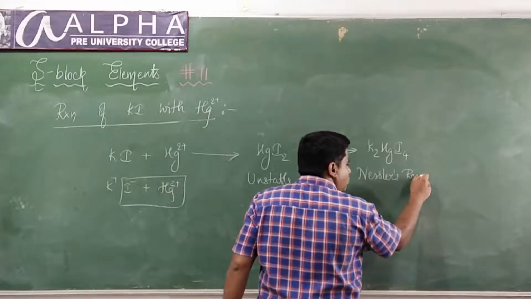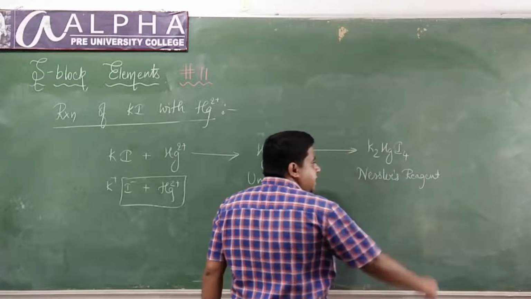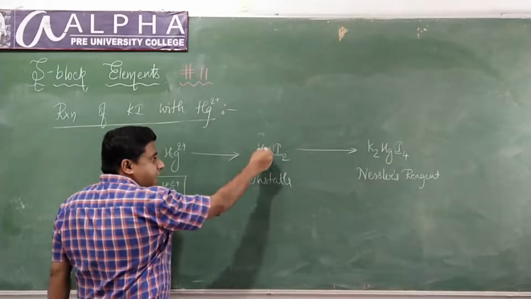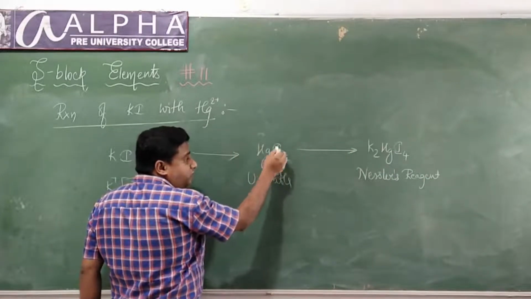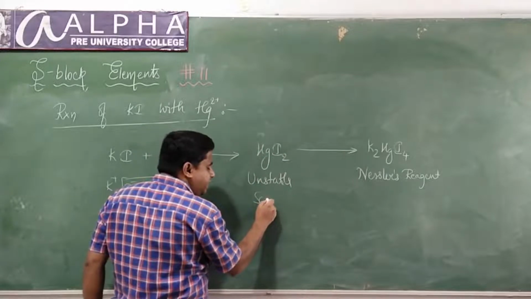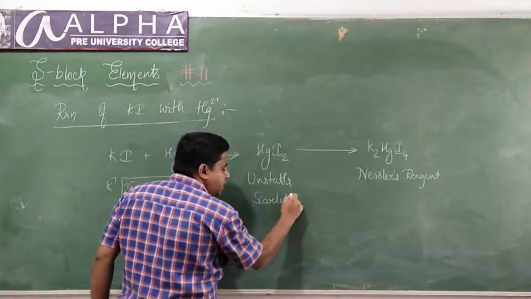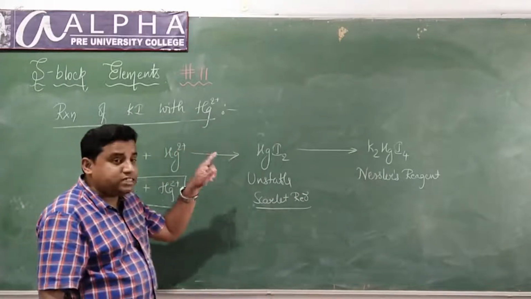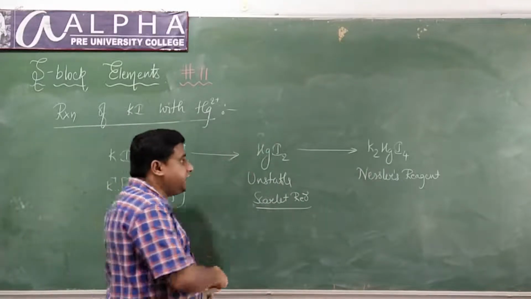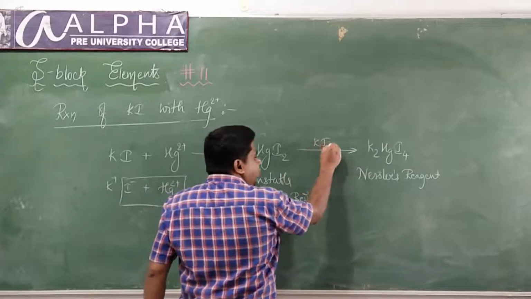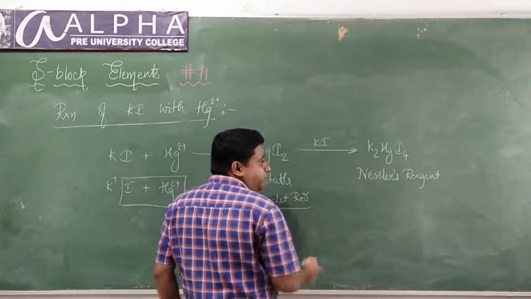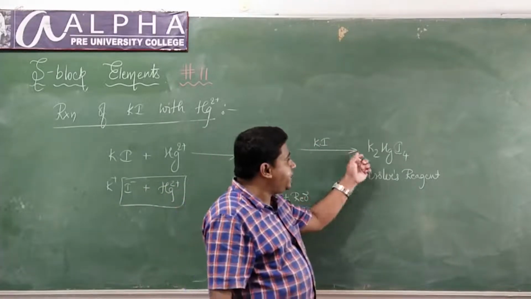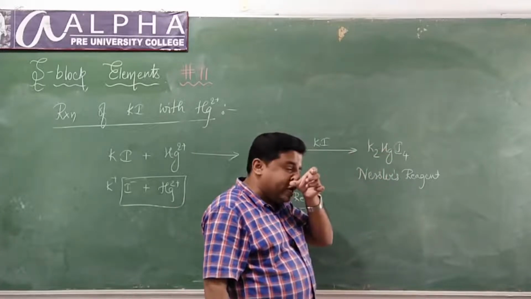What is the color of this mercuric iodide? It is scarlet red, a highly unstable compound. It further reacts with potassium iodide to form K2HgI4, which is called what?